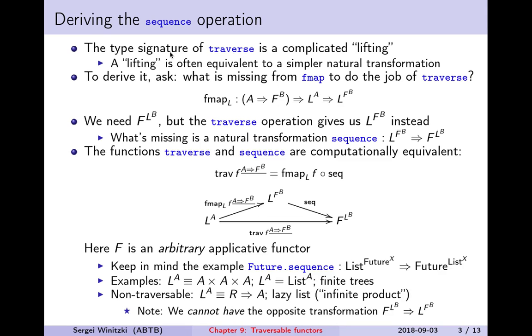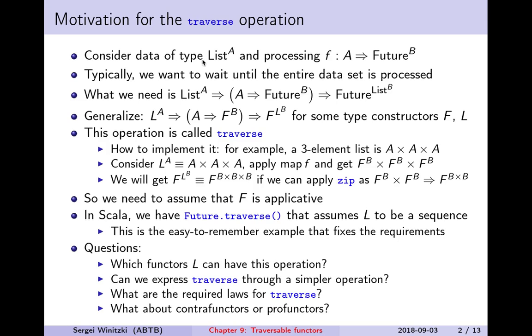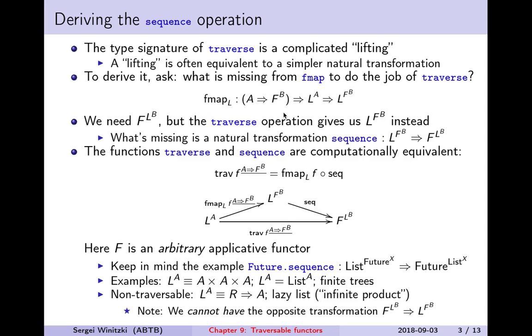So, to simplify traverse, we notice that traverse is a kind of lifting of sorts. The arguments can be permuted, so these are two curried arguments, so we can take this one as the first argument, and then we have LA to FLB as the second argument.